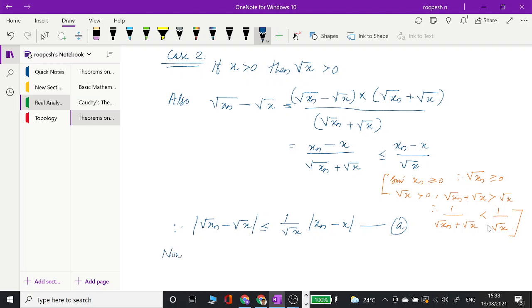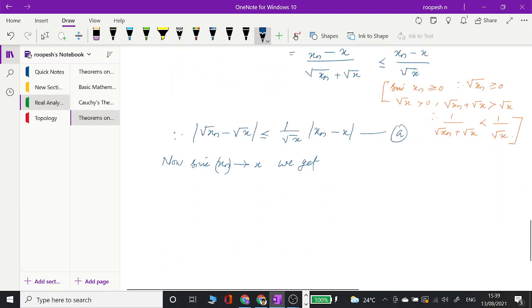Now, since xn converges to x, given that xn converges to x, we get modulus of square root of xn minus square root of x is less than 1 by square root of x into epsilon for every n greater than or equal to k dash.